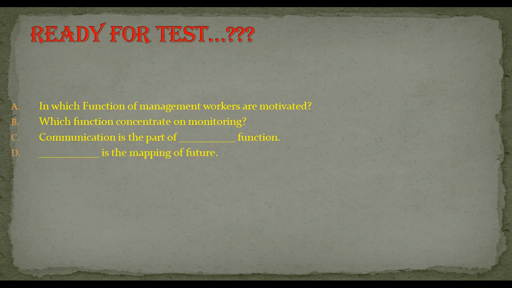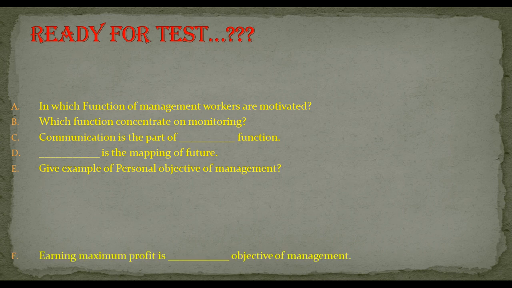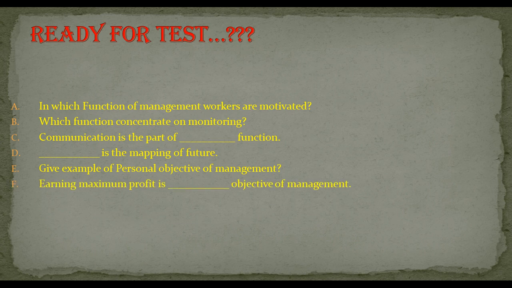Dash is the mapping of the future. Give an example of personal objectives of management. Earning maximum profit is dash objective of management. I hope that you are able to have some answers to these questions.